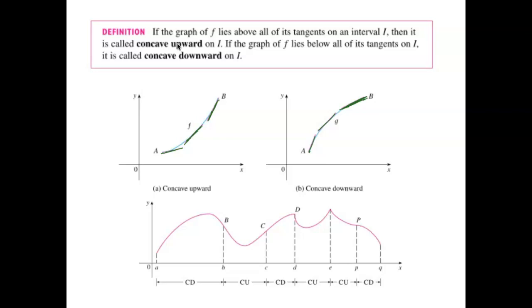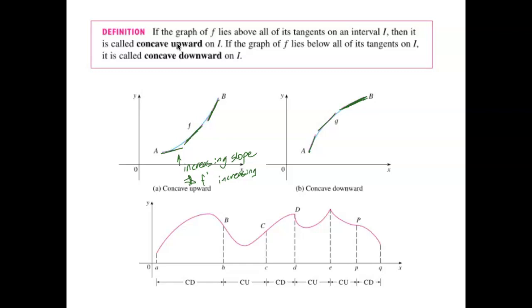So what we can see is that we have an increasing slope here. So the slope is increasing. Which means that the derivative is increasing. Well, we can tell if a function is increasing or decreasing by looking at its derivative, right?